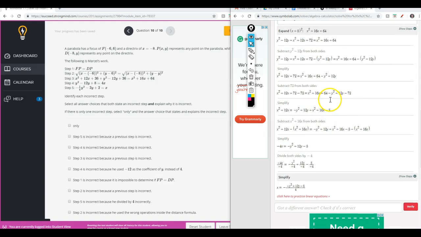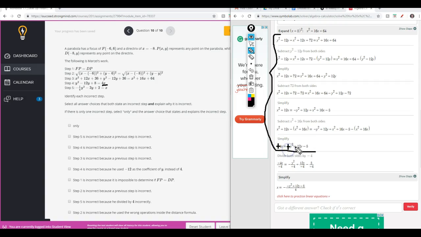So then let's jump down to step 4. There will be a subtle difference in step 4, because it is all of the work after expanding, and that is all of the work in between step 3 and step 4. The subtle difference is, notice that this is a positive 4x and this is a negative 4x. That's an easy change. You can do that by multiplying both sides by negative 1, and that will just change each of these signs to the opposite.